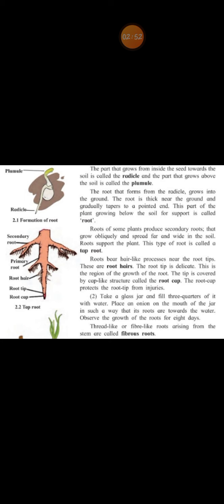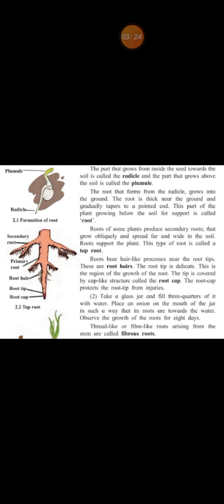The radicle is the one which grows inside the seed, and the plumule is the one which grows outside the seed. See figure 2.1, children, for formation of root. There you can see the radicle below and the plumule at the top. So the radicle is the part that grows inside the seed and the plumule is the part that grows above the soil. Okay, children?